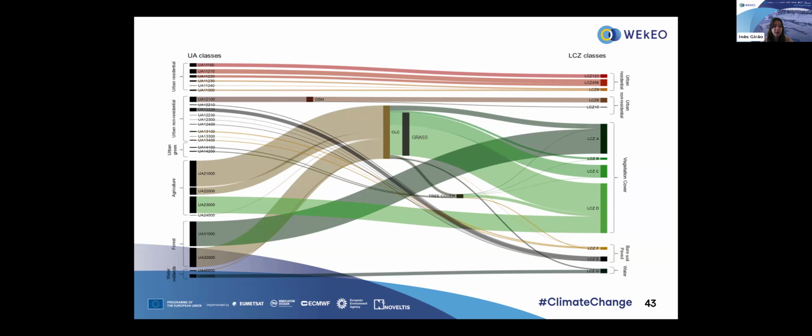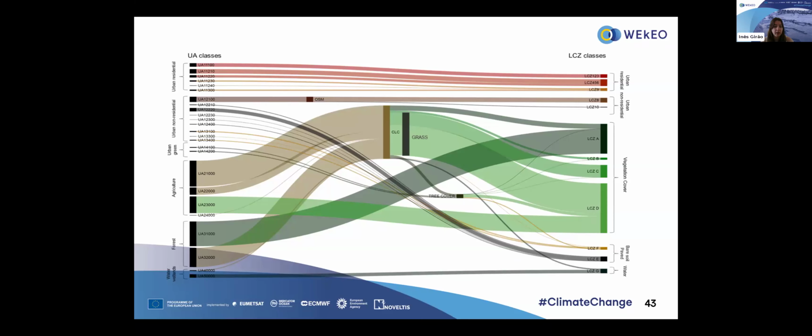As an example, we have the first Urban Atlas class, which refers to continuous dense urban fabric, which is directly linked with LCZs 1 and 3, depending on the structural attributes like imperviousness and tree cover.